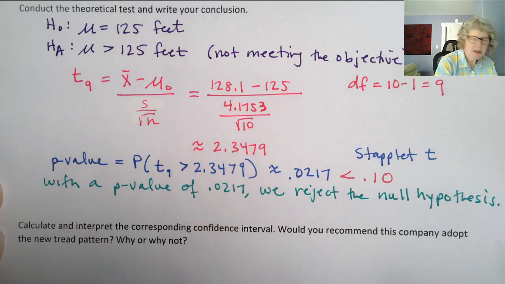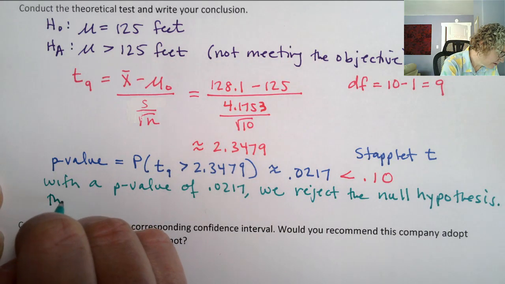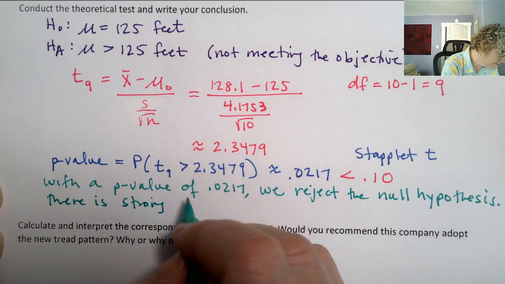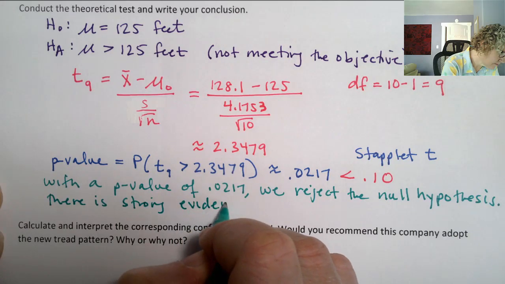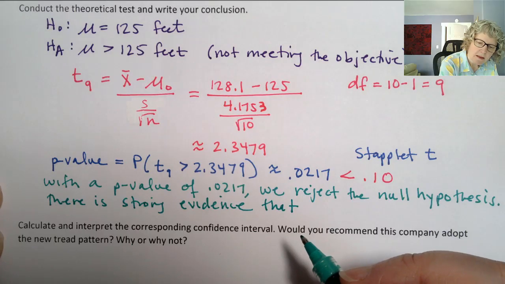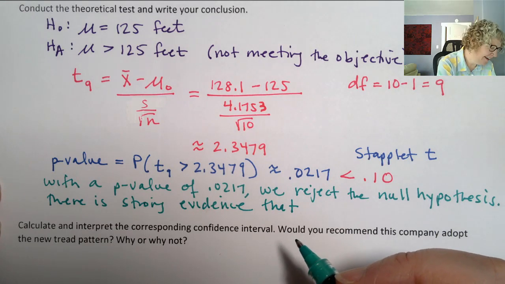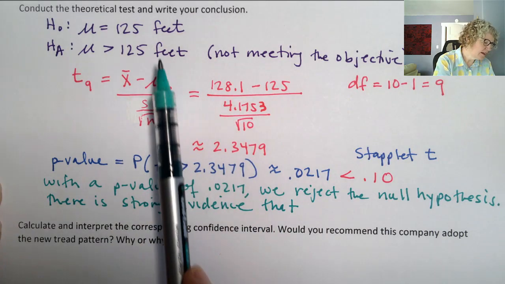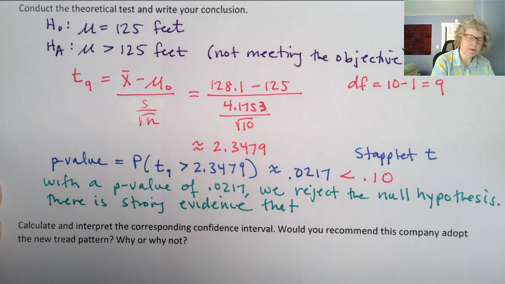You could say it seems like it's fairly strong evidence, or you could just say evidence. So I'm looking at what I wrote before and I don't like it. So let's go in terms of there is strong evidence that the tires don't meet the objective, right?